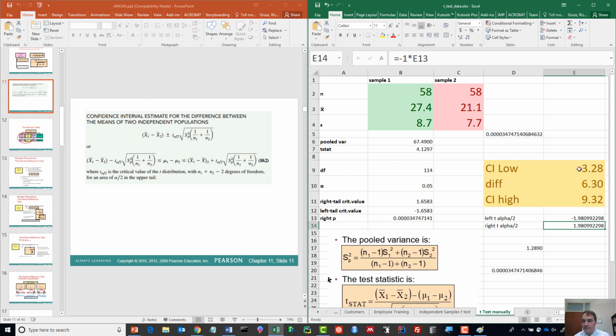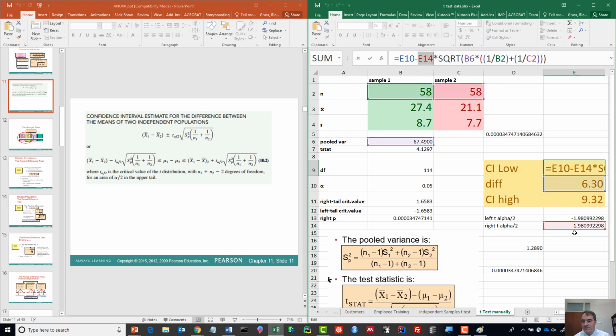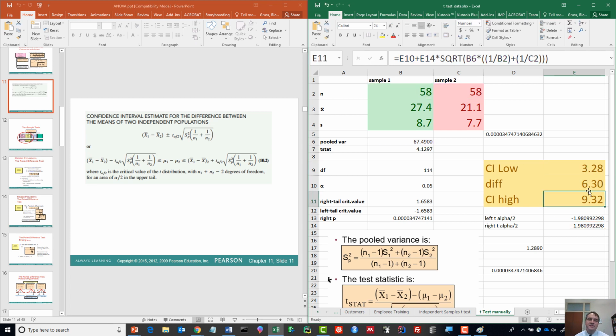So if I look at this, I'm taking the contents of E14, which is there, and multiplying it by this, and that's where I got that lower level. So what this is saying is the actual difference between these two populations is somewhere between 3.28 and 9.32, and I am 95% confident that it is in that area somewhere. So this is the middle.